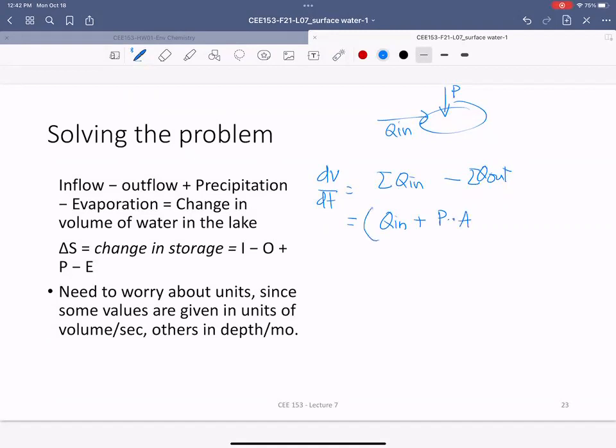Okay, so that's all coming in. What's leaving the system is Q out in the stream, plus evaporation. Evaporation, again, if you see the unit is length over time, you have to multiply by the area of the lake system to have the same unit.